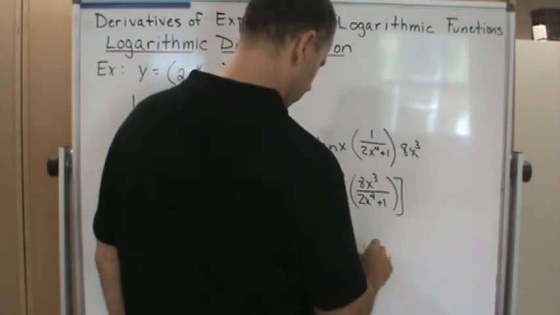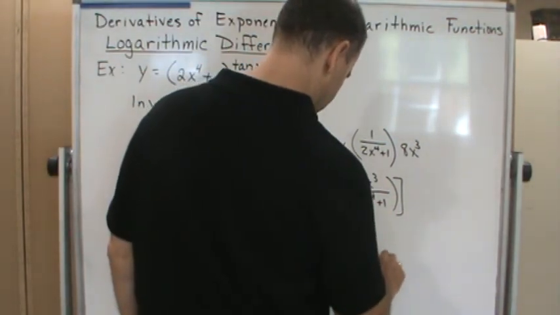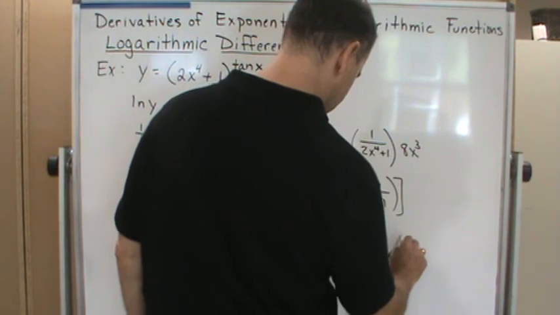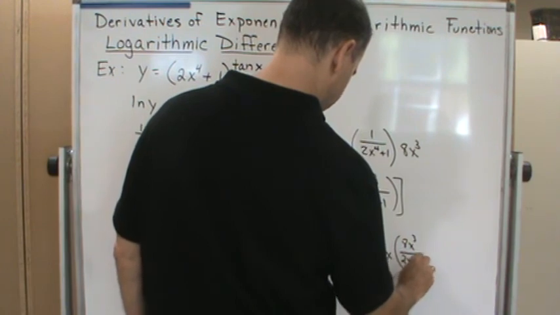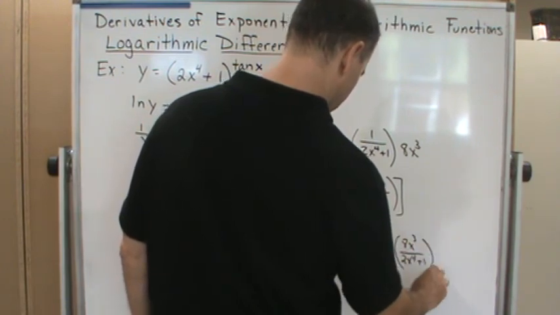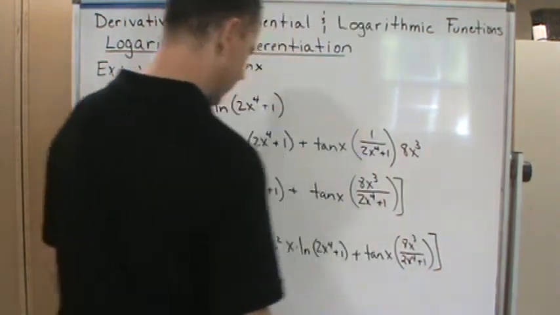No, I'll just leave it out. So this will be tangent x times 8x cubed over 2x to the fourth power plus 1. And that is our final answer.